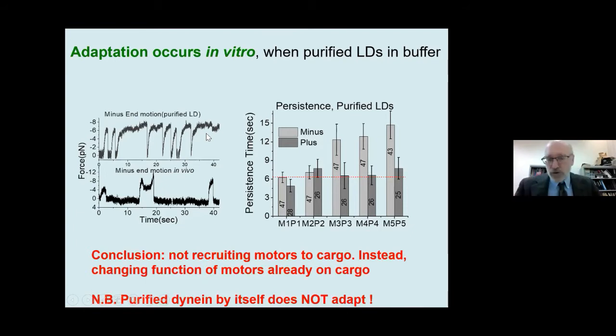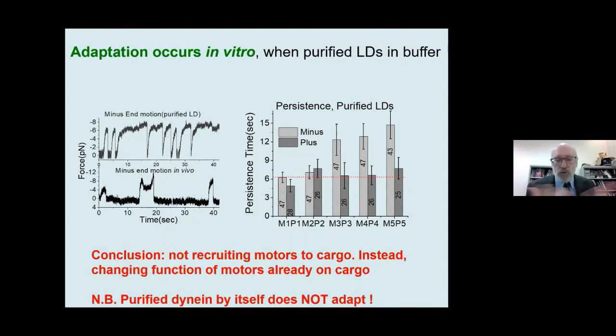And so I had told you that on average in vivo, you get roughly 5 attempts and then it resets. And that's true in vitro as well. The fact that we're seeing this adaptation in vitro from the purified lipid droplets was interesting and exciting, because it means that you're not recruiting motors, because when we purify the lipid droplets, we're resuspending them in buffer.